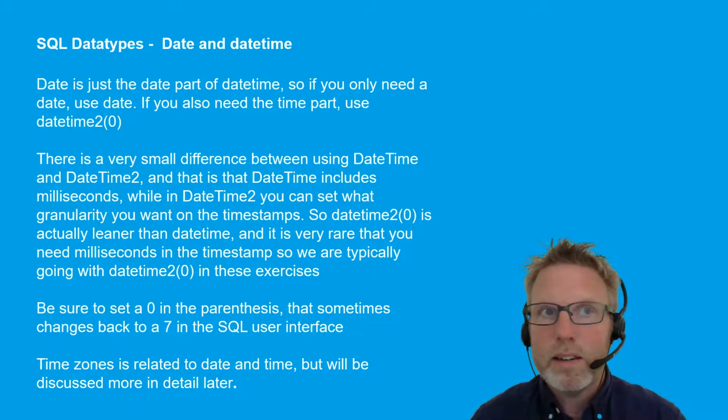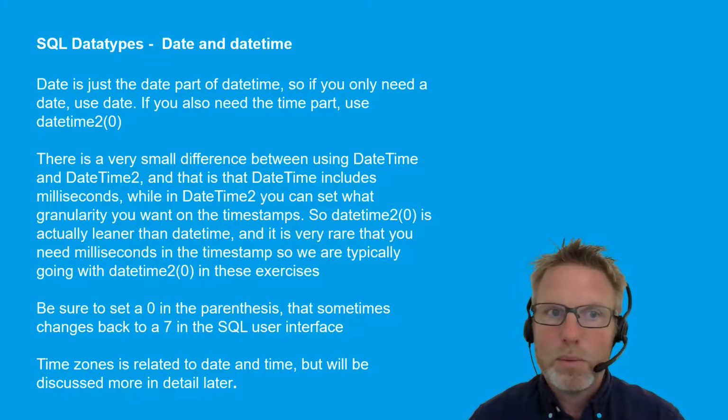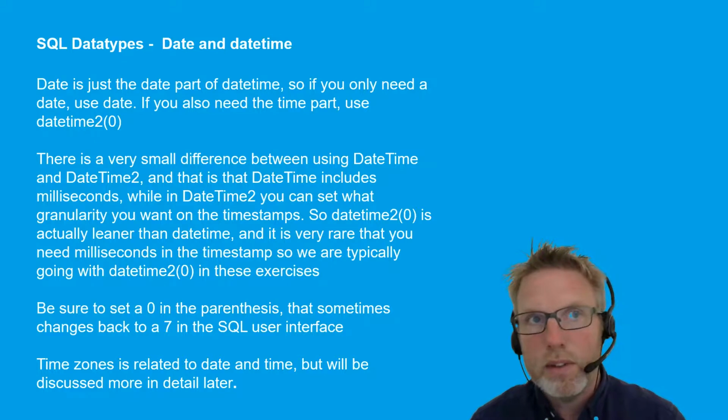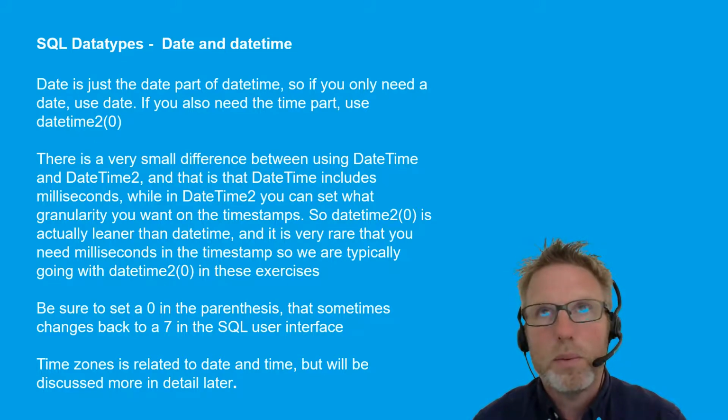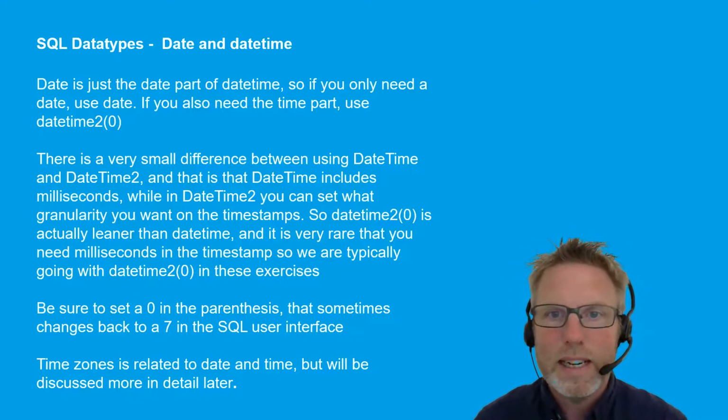So just datetime brings in 3 milliseconds to each timestamp, while datetime2 you can set if you want to have 0 milliseconds. That will be with the 0 in parentheses after the datetime. Or you can set 7 if you want to have 7. That's not going to be milliseconds. That's going to be, what is it, picoseconds? Some very small unit of time at least.